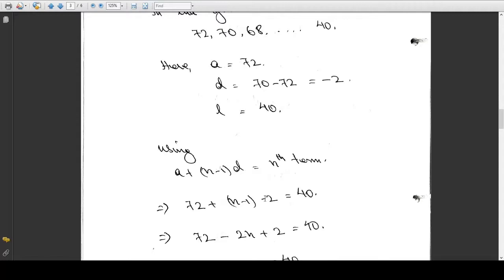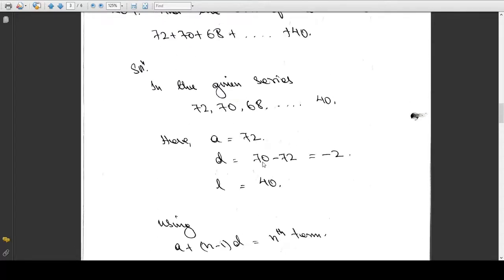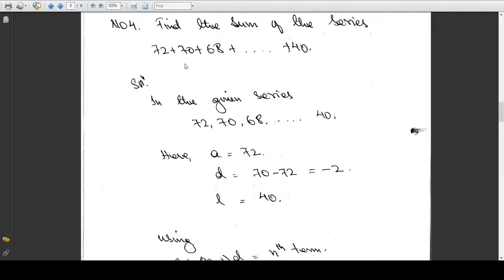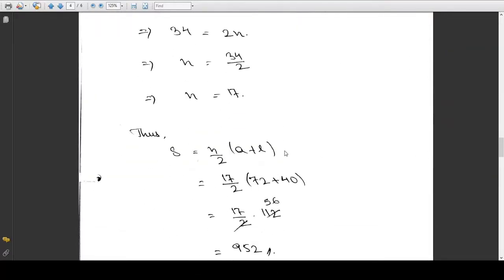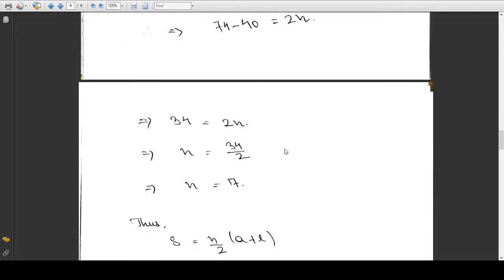We'll use the formula a plus (n minus 1)d equals the nth term, because in this given series we do not know the number of terms.